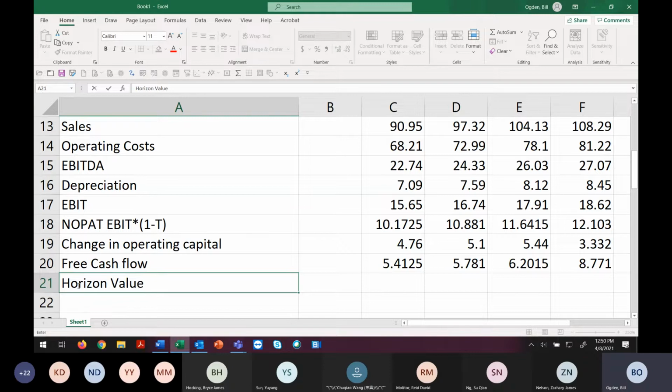Anyway, we will assume that the free cash flow number will grow starting in year 4, constantly at 4%. So you go back 1 year. We're going to do horizon value 3, and it equals free cash flow 4 divided by WACC minus g.